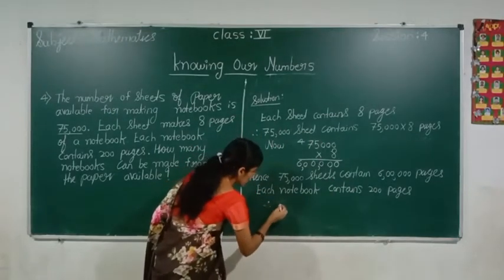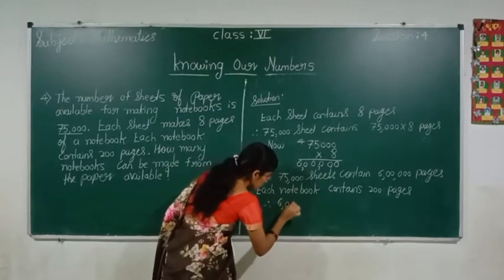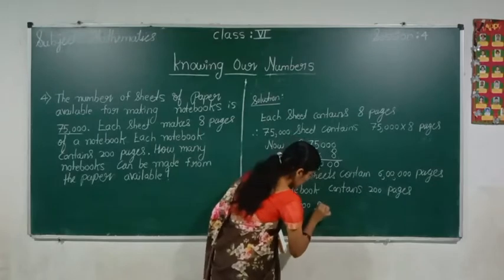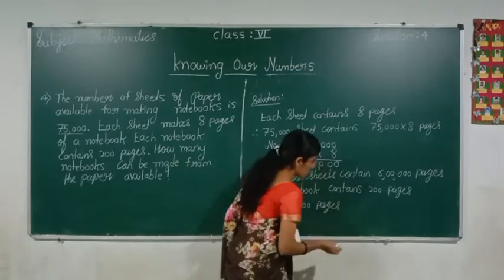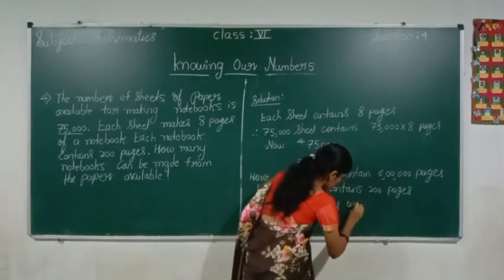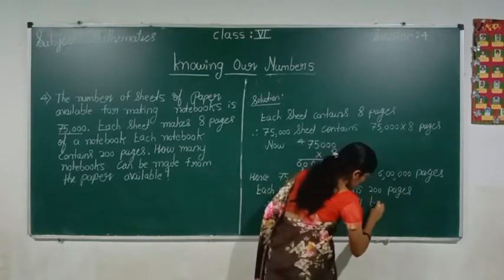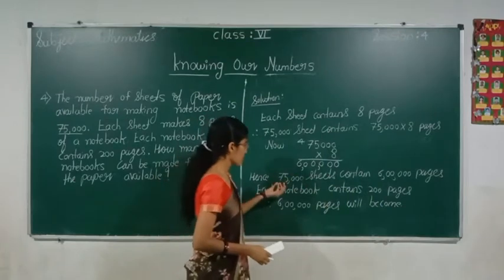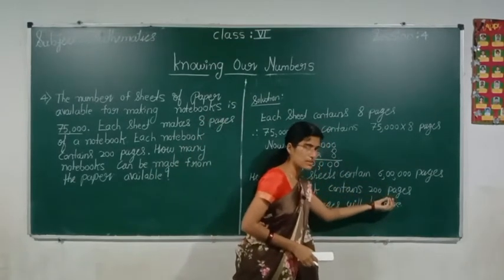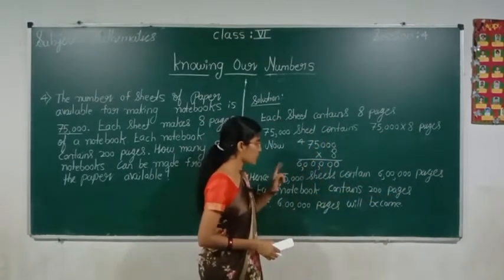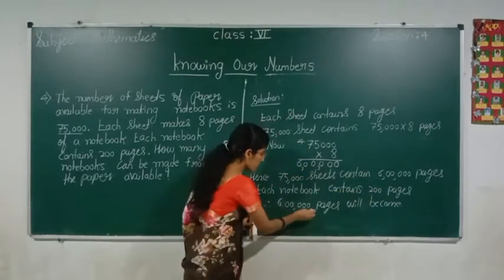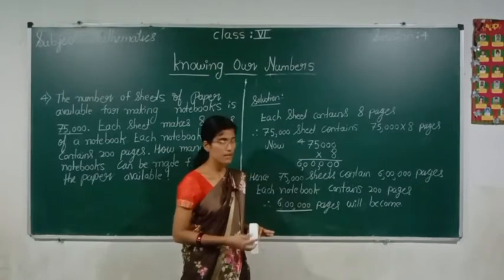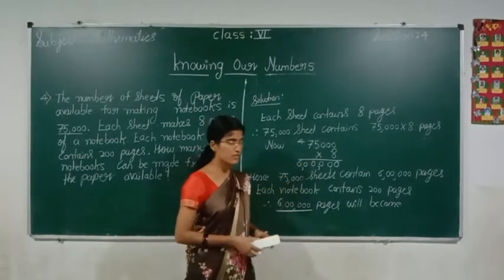Therefore 6 lakh pages will become, what do we have to do? For making one notebook 200 pages, total pages we have 6 lakh. Then how many notebooks can we make? What do we have to do here? Division we have to do.